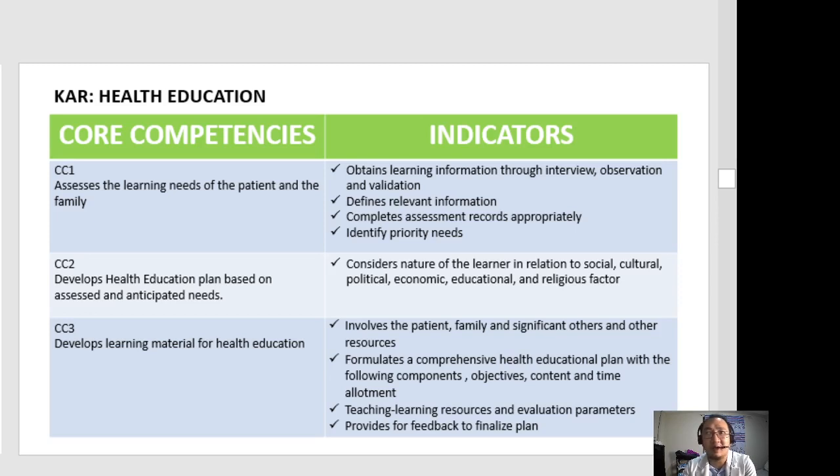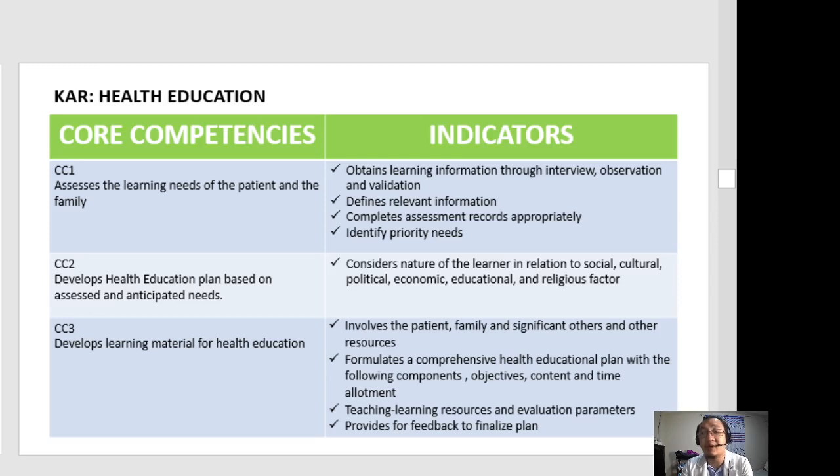You should consider this always in planning. You can ask for feedback from your colleagues, your client, the client's family, and maybe your heads as nurses or your instructors as students.